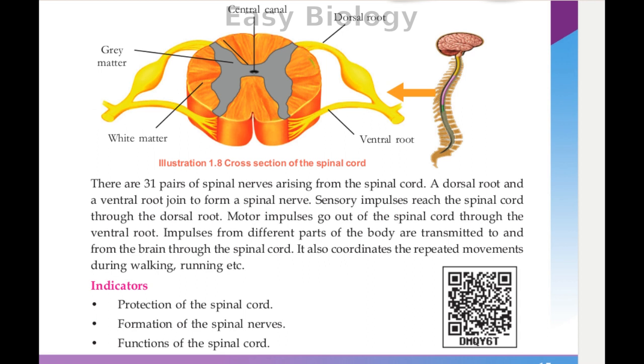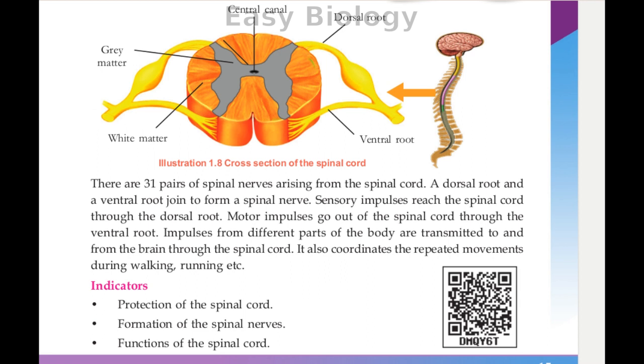Now, what is the function of the spinal cord? The impulses from different parts of the body are transmitted to the brain through the spinal cord. Like that, the impulses from the brain are transmitted to the different parts of the body through the spinal cord.